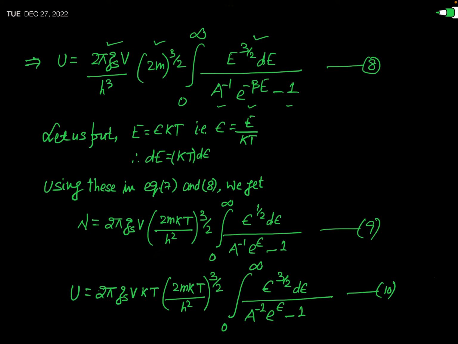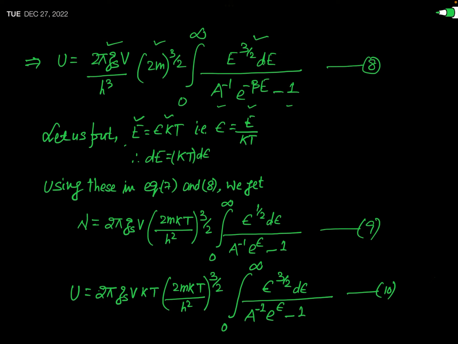For evaluating these integrals, as you have also seen earlier while dealing with the partition function of the ideal gas, the same method is followed. We consider E equal to ε times kT, or in other words, ε equal to E by kT.